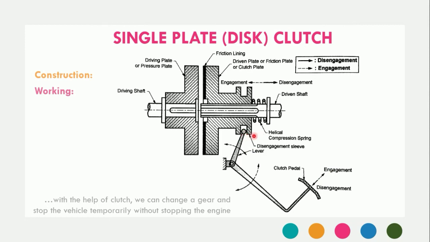Due to that, the spring force is neutralized by the external force applied by means of the disengagement sleeve and thereby the clutch pedal. This disengagement position allows us to change a gear or to stop a vehicle without stopping the engine. So this is the key role of a clutch or any clutch.